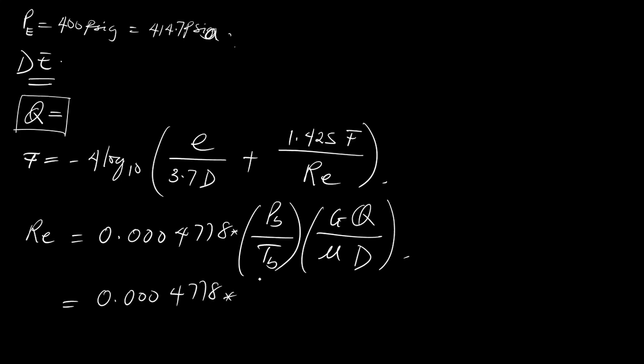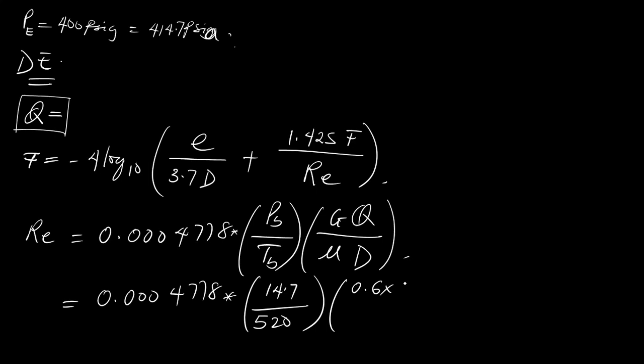Now we have 0.0004778 times the base pressure, which is 14.7, divided by the base temperature, which is 520, times G, which is 0.6, times the flow rate.